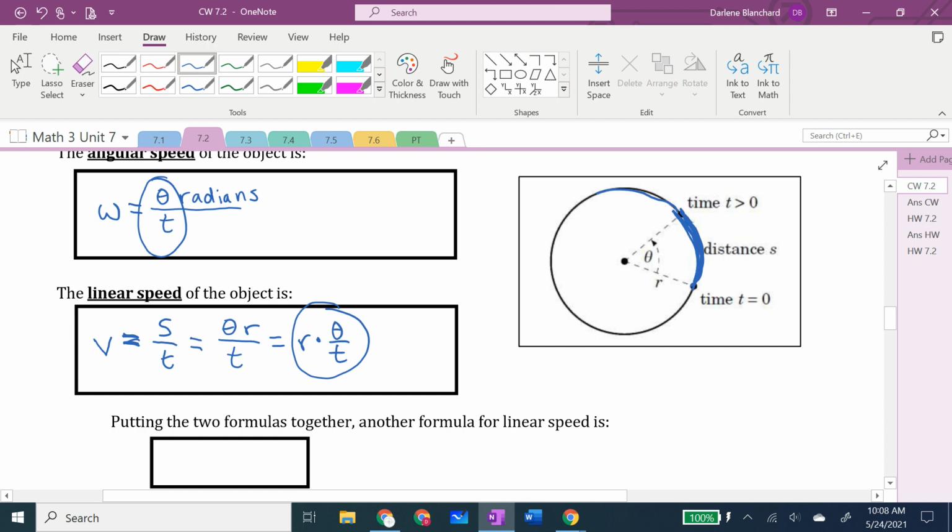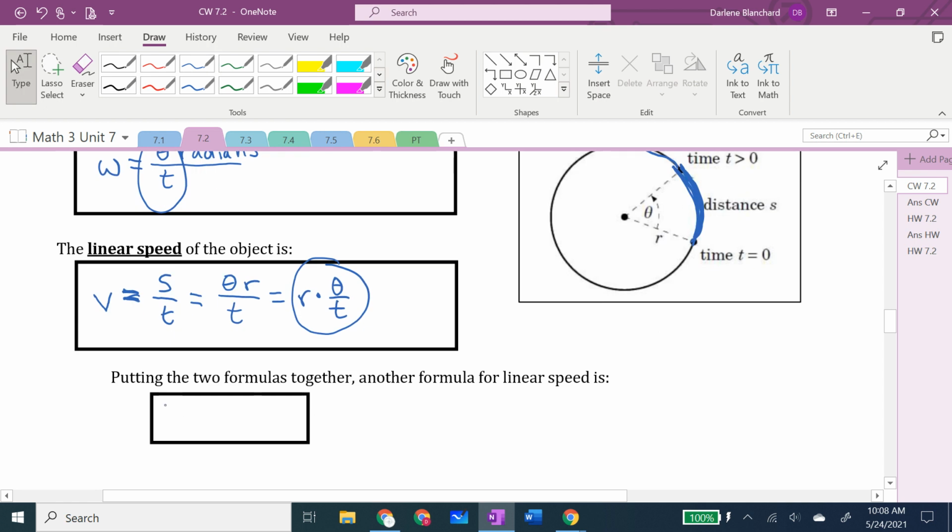So I want you to see that there's also a really nice relationship between angular speed and linear speed. And that is my linear speed v is equal to the radius of the circle multiplied by the angular speed, omega.